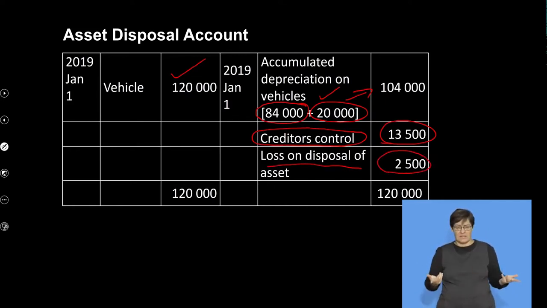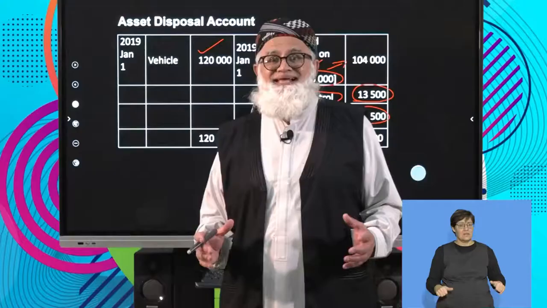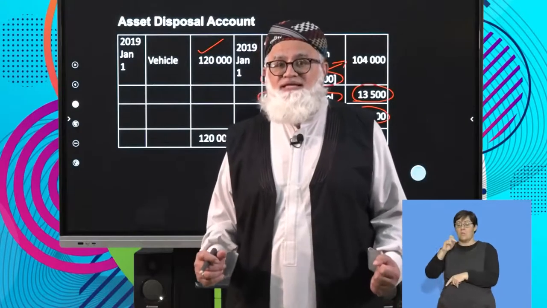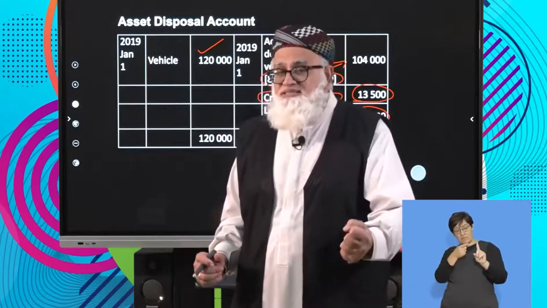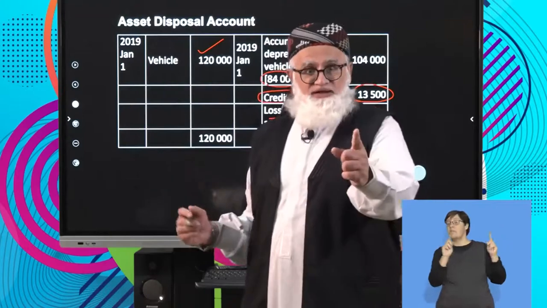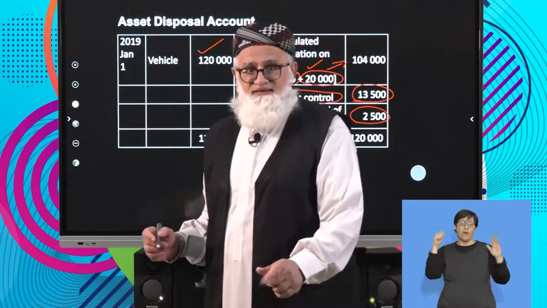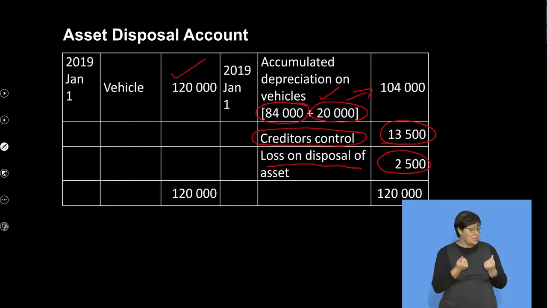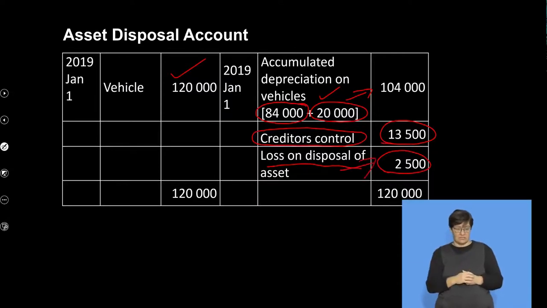What did we say? That your asset disposal account is an interim nominal account. It serves a purpose. Has it served our purpose? Certainly it has. What have we ascertained? We've ascertained that there is a loss on sale of asset of 2,500.